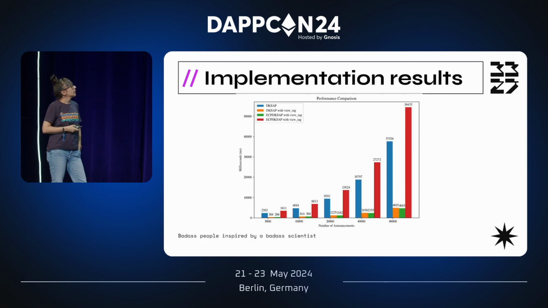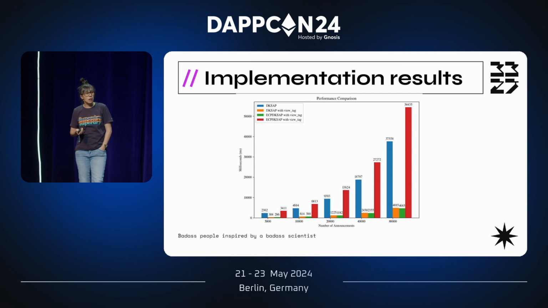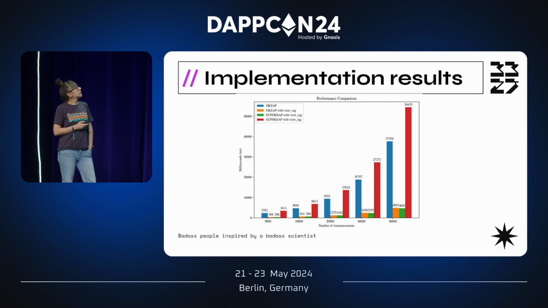And for the end, implementation results. We compare our results with the results of the dual key stealth address protocol without and with viewing tag. The green is our implementation of elliptic curve pairing with the dual key stealth address protocol. And we can see here that we obtain the best results.